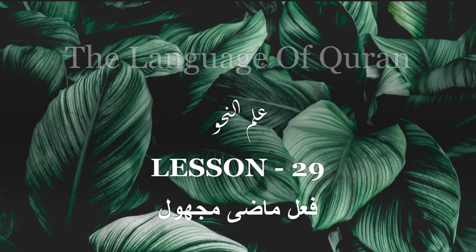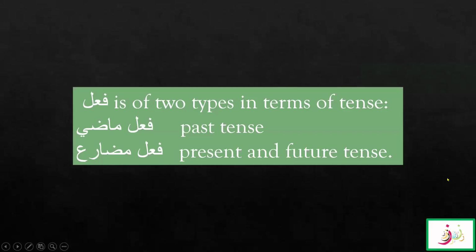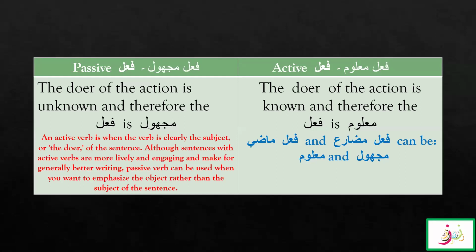So here we are with our lesson number 29, and we have been doing Fa'il Madi Majhool. So let's continue. We learned that there are two types of Fa'il, Madi and Mudari, and both can be Fa'il Ma'loom and Fa'il Majhool.